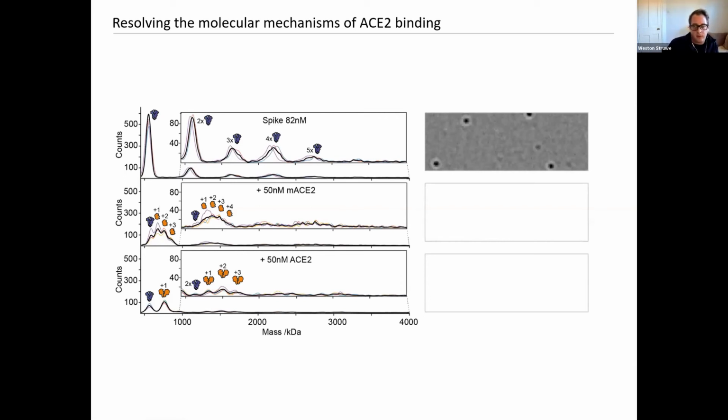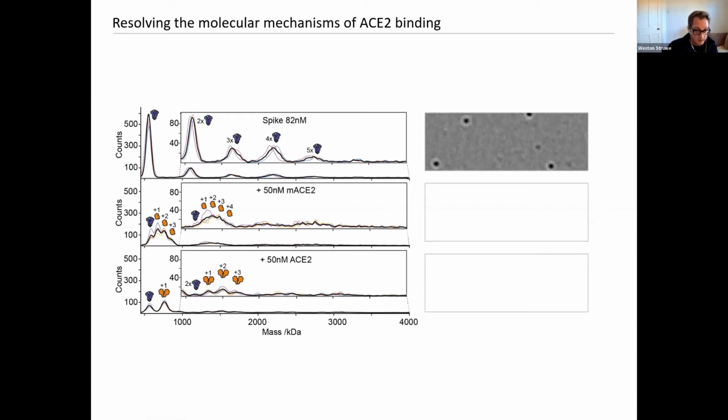We try to think about how we would interrogate these data a little bit further, and the way that we've started looking at it is through just the number of counts. So you can see on the y-axis here, particularly with the trimer, these counts are around 600. In the presence of the different ACE2s, these numbers clearly drop. So we started to quantify simply by counting the number of counts in these different regions.